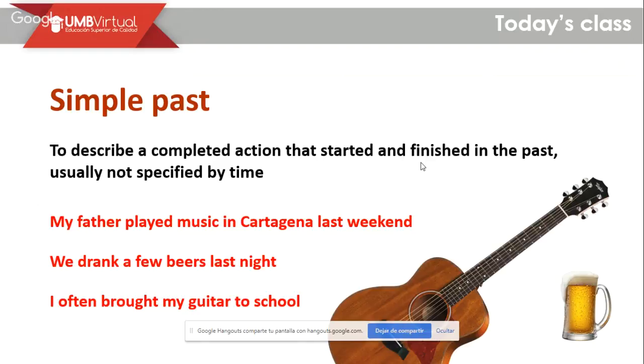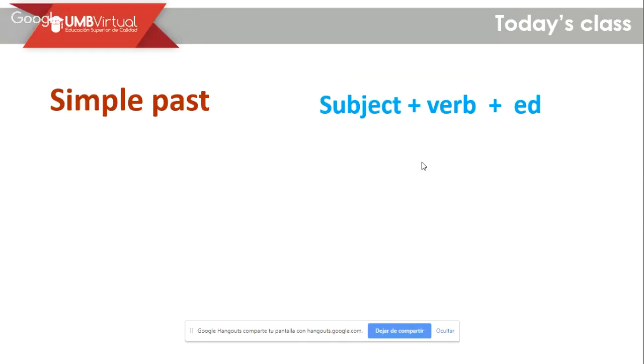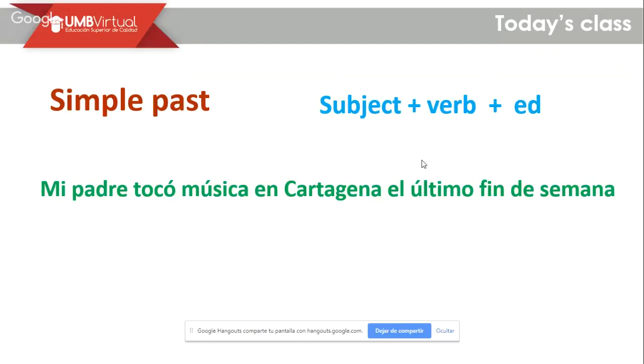All these 3 sentences are in simple past. And when you want to form a sentence in simple past, you need to choose the subject, you need to conjugate the verb to add ed, usually.